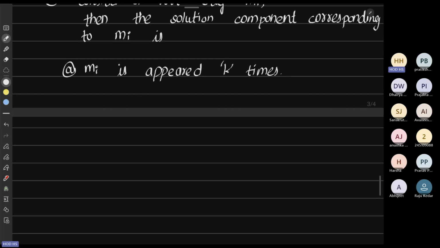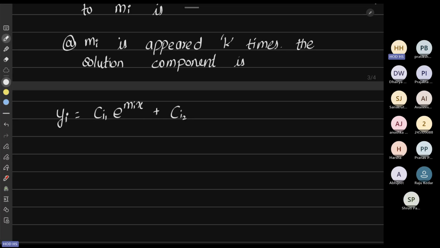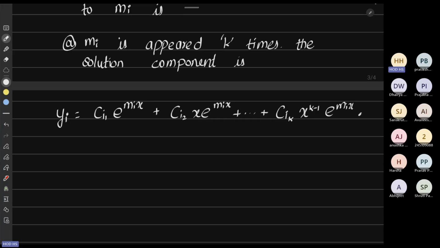In that case, the solution component is yi equal to ci1 e to the power mix plus ci2 x into e to the power mix, and so on till we get the kth term as cik x to the power k minus 1 e to the power mix.